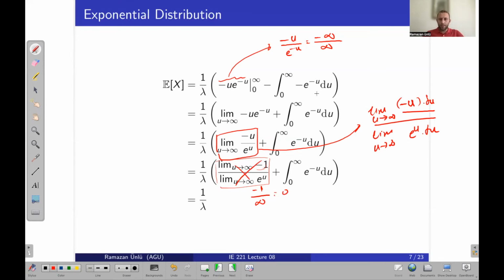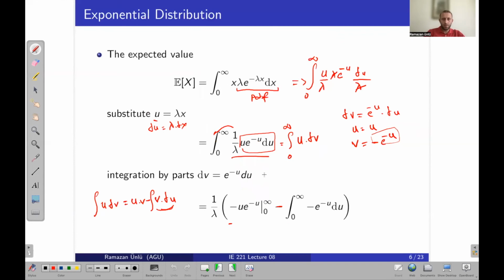Now let's look at the second part. I have the integration of minus e to the minus u du. So these two minuses will end up with a plus, and I will have the integration of e to the minus u du. Okay. So what is this one? Remember the PDF of the exponential distribution, right?